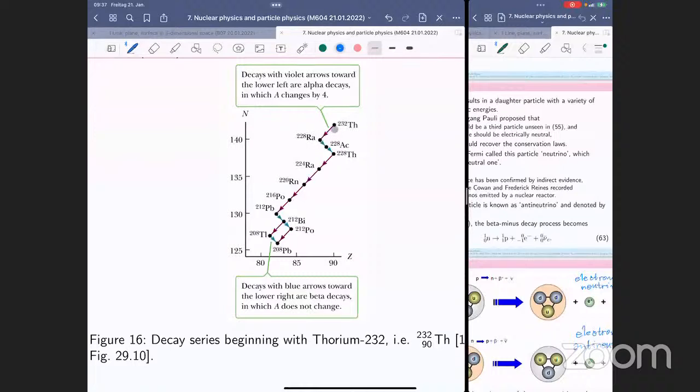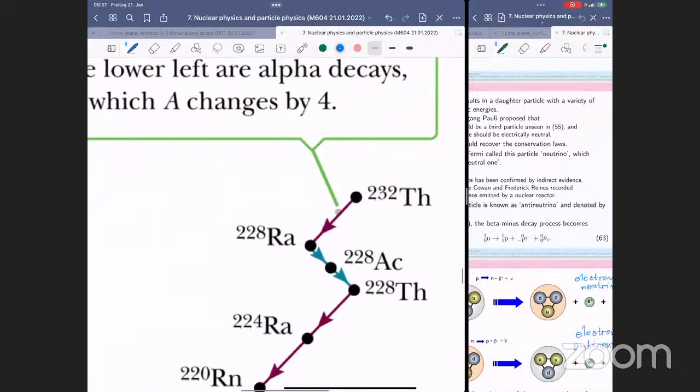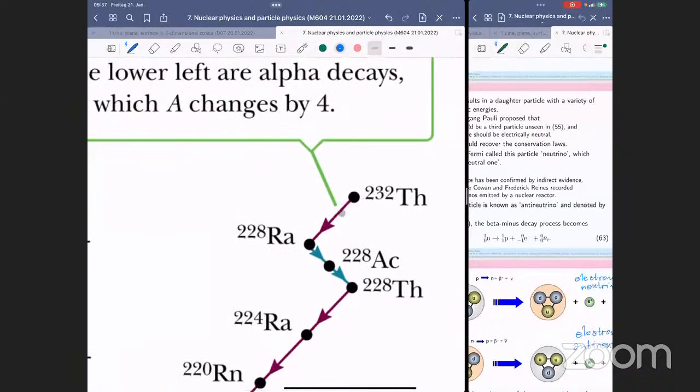They reduce their nucleons by 4, which means helium-4,2. So helium-4,2 is the alpha particle. So thorium-232 becomes radium-228, this violet one, and we get the alpha particle from this route. And once the radium turns to the right, the nucleon number is the same.